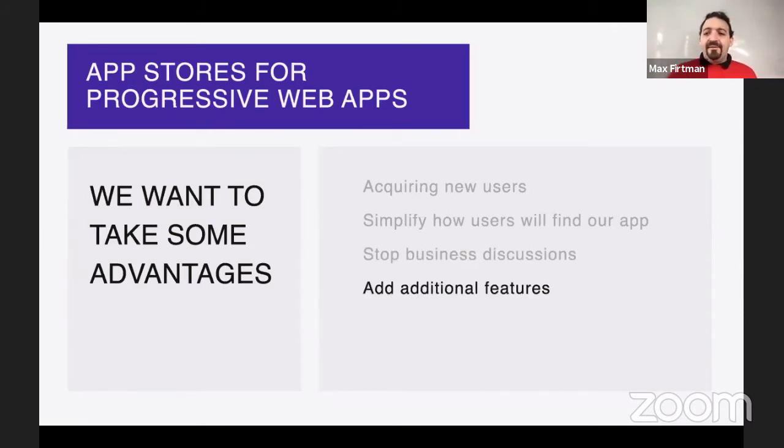Cool. So some other important advantage that we want to take from the store is actually adding additional features. For example, one of the most asked features right now is push notifications on iOS and iPadOS. If you're a PWA developer, you know that we don't have push notifications on iOS and iPadOS. I know that push notifications are not the best feature today.